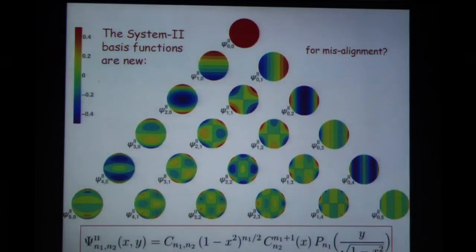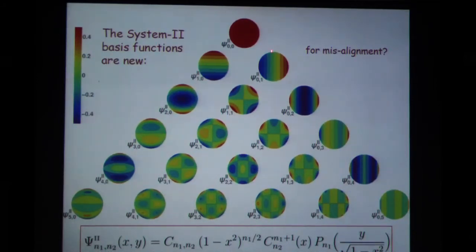So these are the new solutions. Again, I want to point out these 3 are the same in both systems, but all the other ones are separable in these coordinate systems, which are not orthogonal, because the only orthogonal ones on the disk are the polar ones.